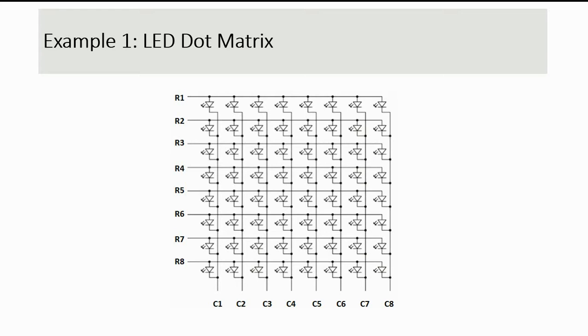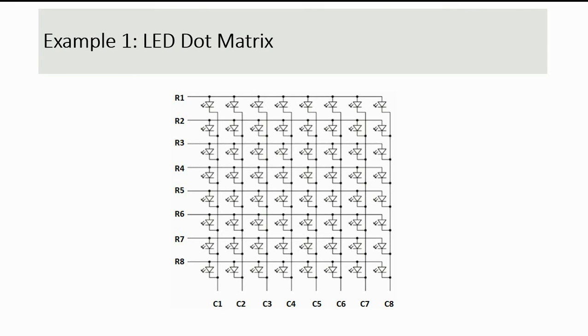Here is one example of using the microcontroller. This is an LED dot matrix. LED dot matrices are a very popular means of displaying information, as they allow both static and animated text and images. Here in an LED dot matrix, multiple LEDs are wired together in a row and column structure.